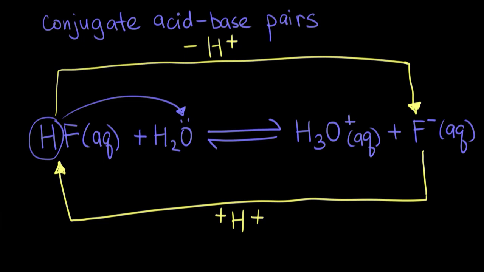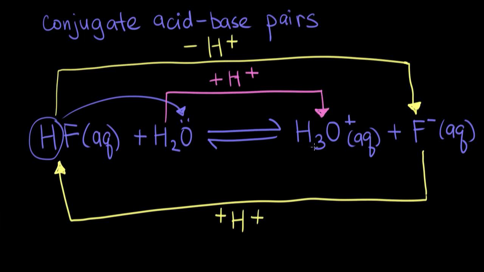And we can see a similar relationship between water and hydronium. Water here, we said, is accepting a proton from HF. So water will gain a proton, and that will give us hydronium.